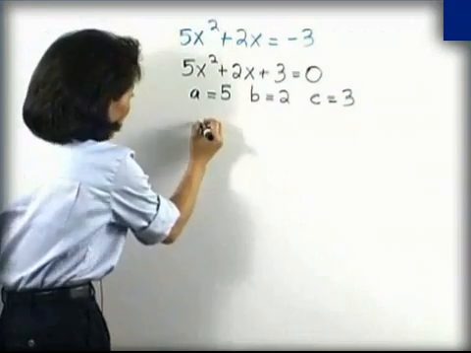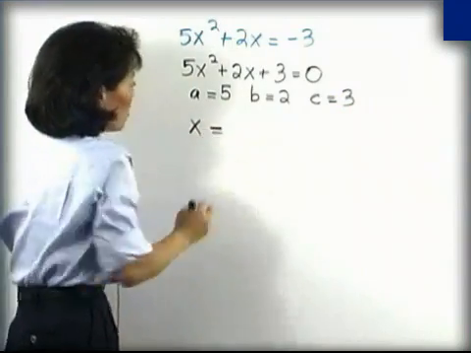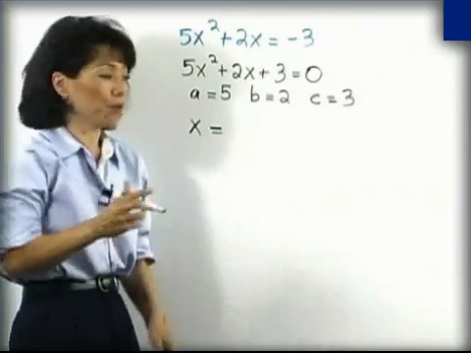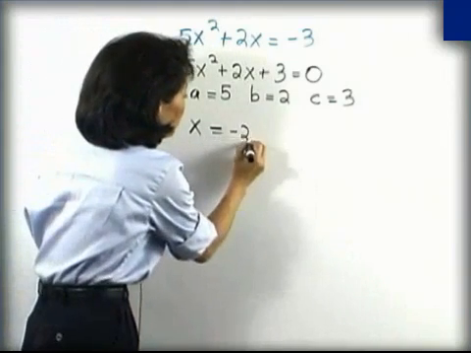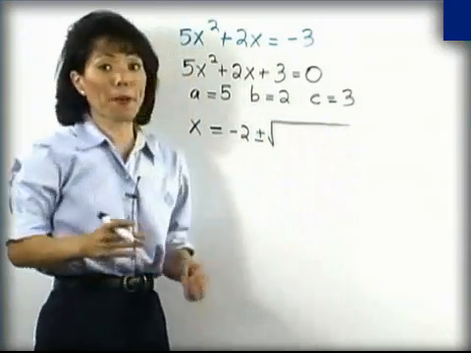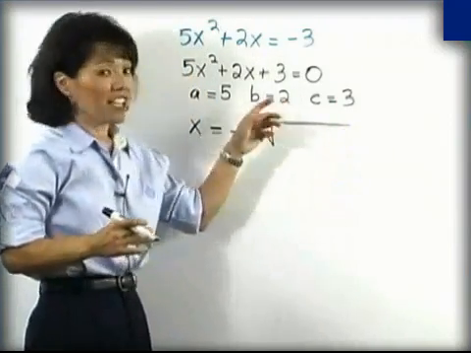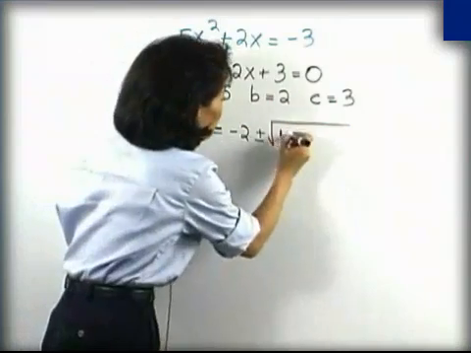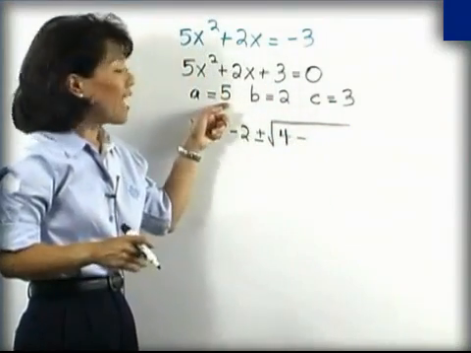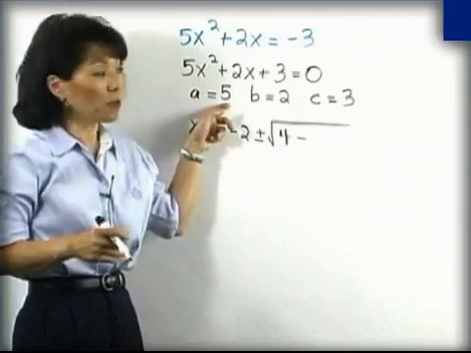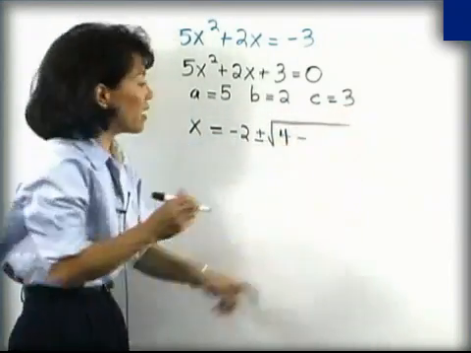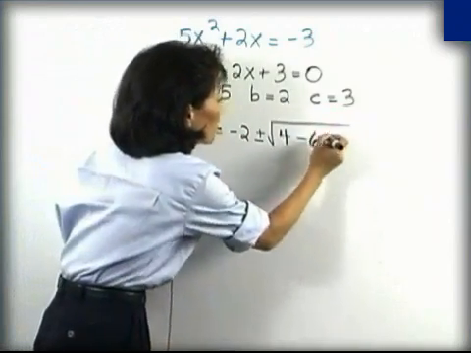Now, do you have the quadratic formula in your mind? Here we go. X is equal to negative b, but b is 2. So that's negative 2. Plus or minus the square root of b squared, but that's 2 squared, or 4. Minus 4 times a, which is 5, we got 20, times c, 20 times 3 is 60.